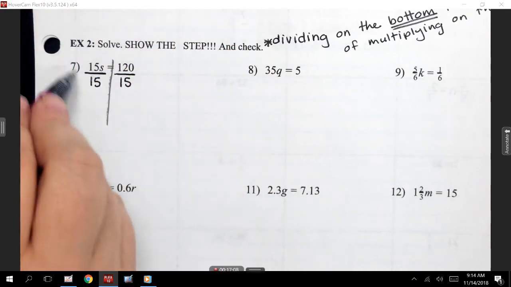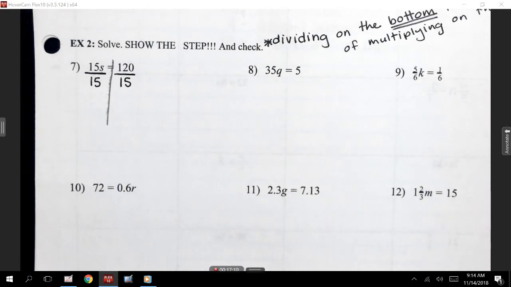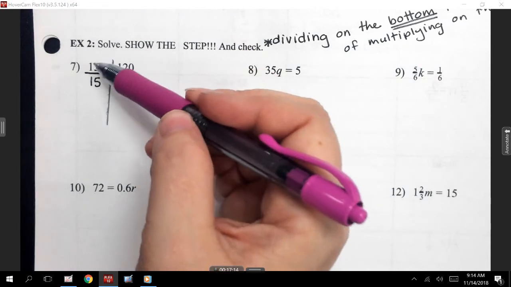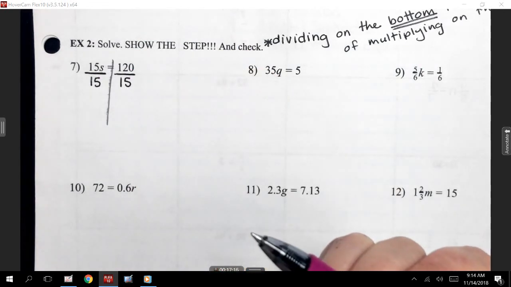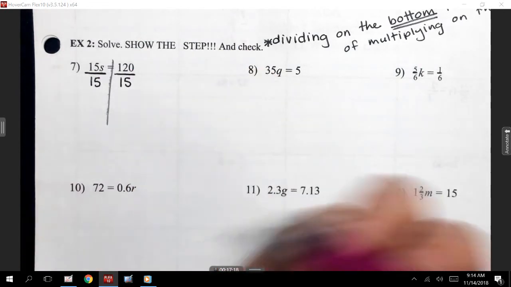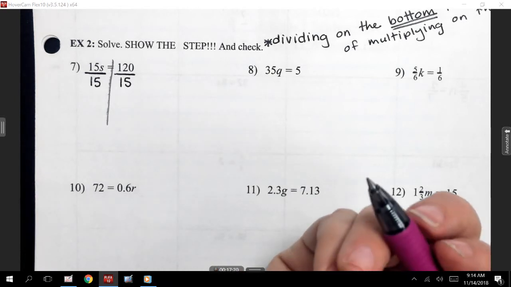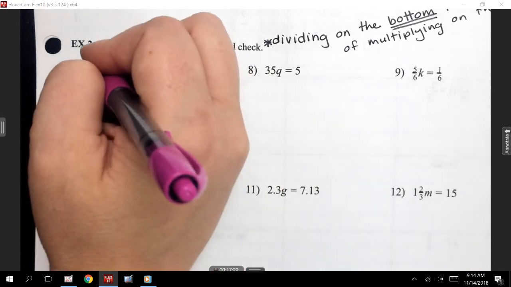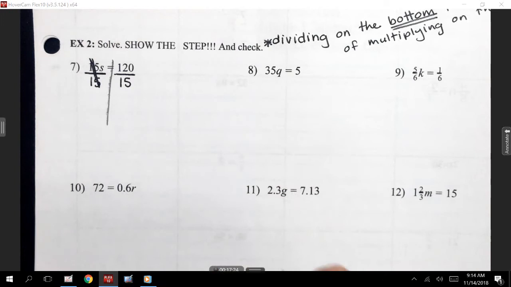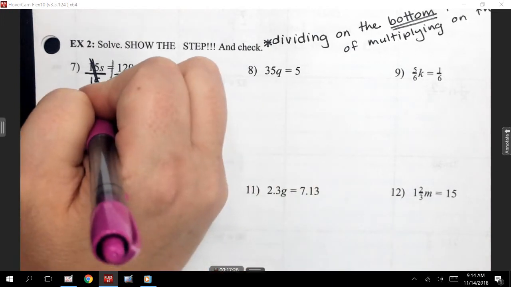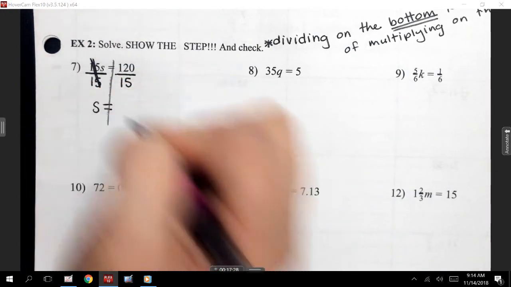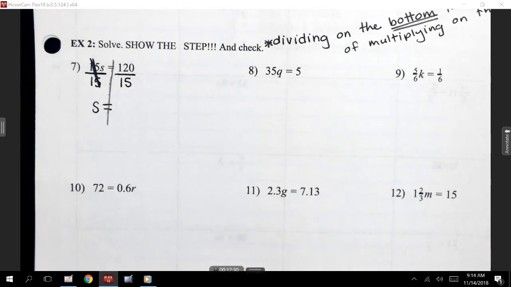Okay? So my 15 on top and 15 on bottom, what's going to happen to those? You are going to divide them, which gives me 15 divided by 15 is 1. And remember, for 1s, do I write 1s? No, I just put s. Okay? So those really just cancel out.